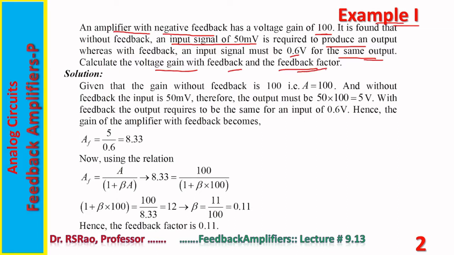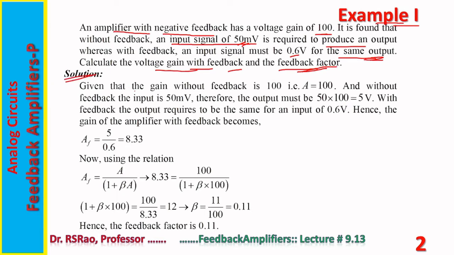Without feedback, input signal required is 50 millivolts to give the required output. With feedback, input signal required is 0.6 volts to give the same output. And we are asked to find out voltage gain with feedback and the feedback factor.